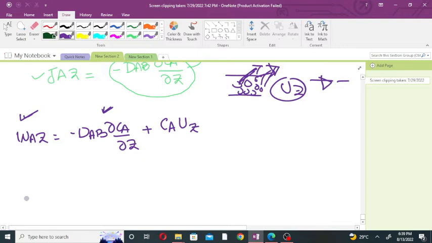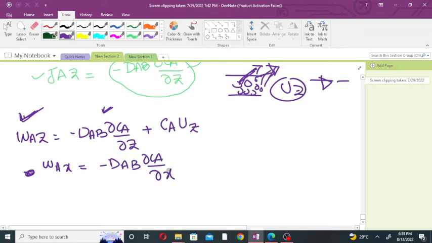Now in the previous lecture we derived a relation about the rate balance equation in a Cartesian coordinate system, and the relation was like that. First of all, this is the flux in the z direction. The flux in the x direction will be minus DAB dCA, only the coordinate system changes.